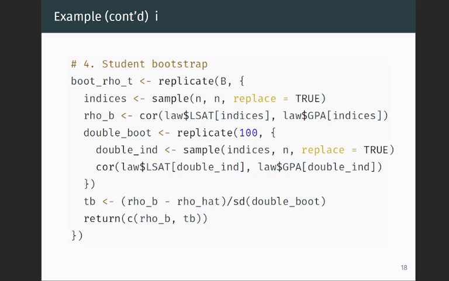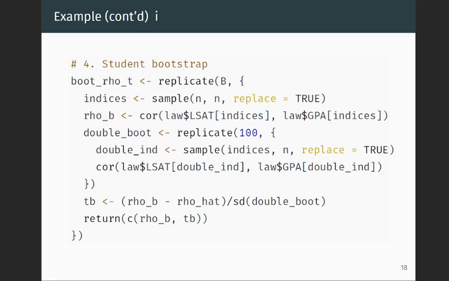So you can see inside I have a second call to replicate, and I'm also using a smaller number of replicates here. I'm using only 100 instead of 5,000. Again, this is arbitrary. You could make this a bit bigger if you wanted to, but the computational cost will be higher. And inside that particular code block, you can see that I'm doing the same as we've done so far.